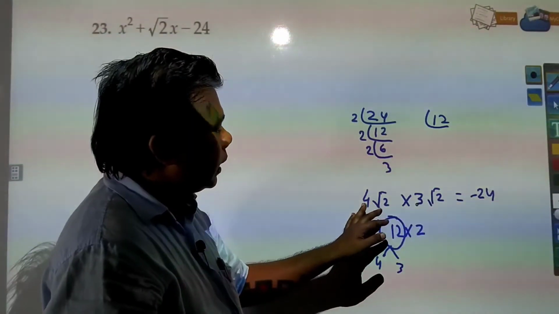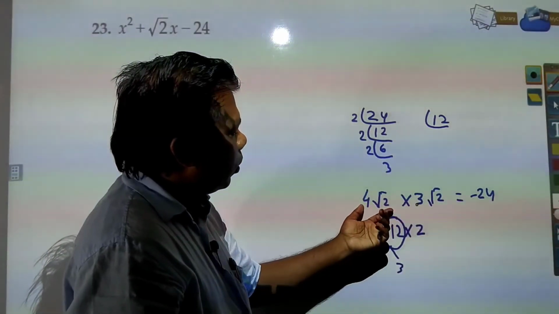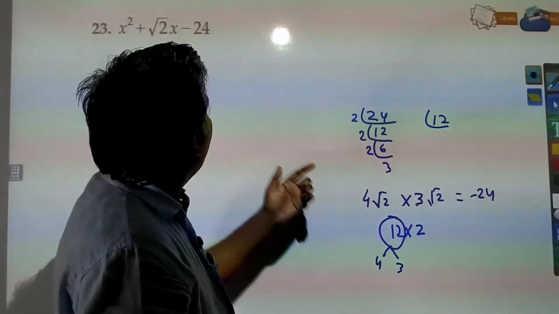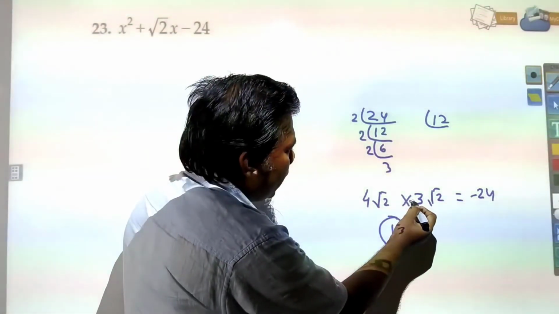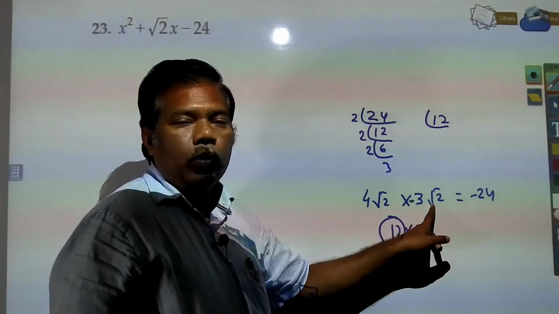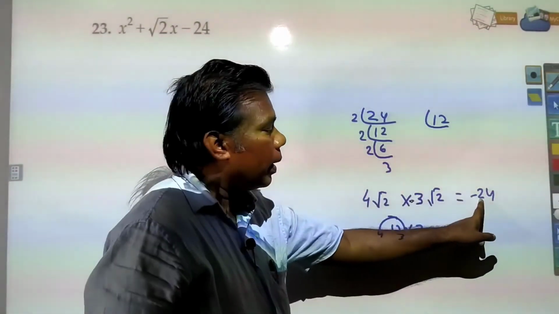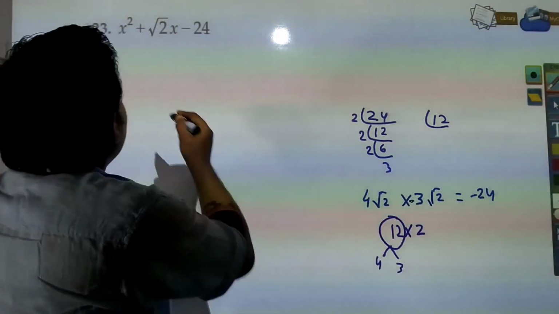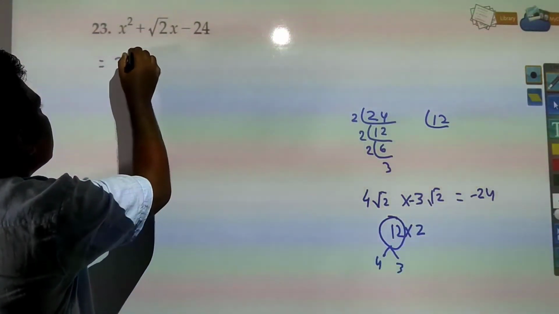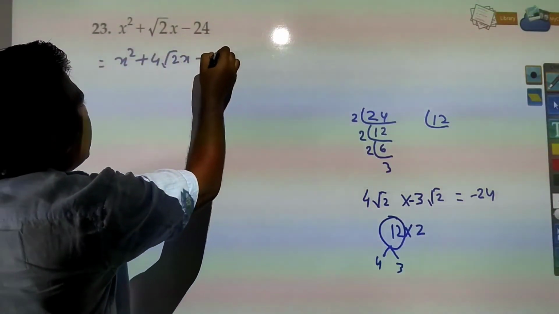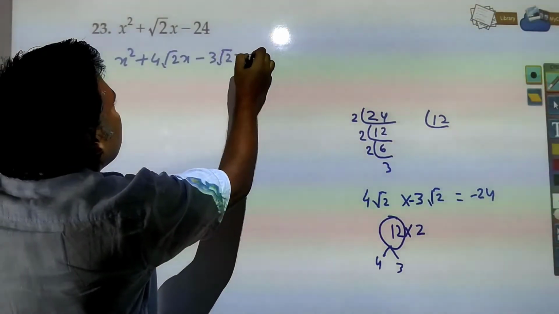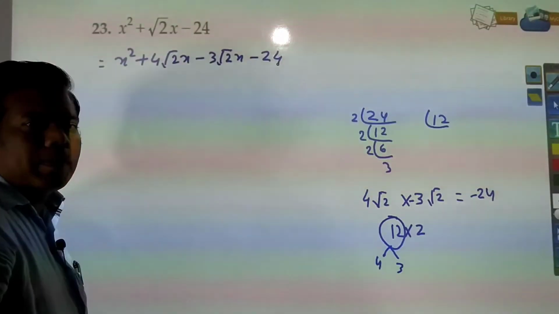Now we need to see which term will be negative, 4 root 2 or 3 root 2. So obviously here you have plus, then this will be plus and this will be negative, minus 3 root 2. So that product you should get minus 24. So here we will write x square plus 4 root 2x minus 3 root 2x minus 24.